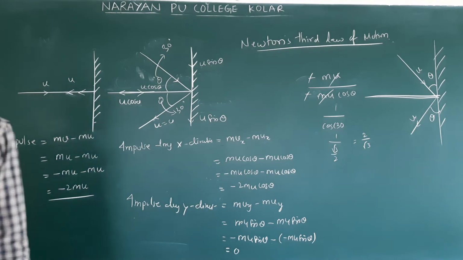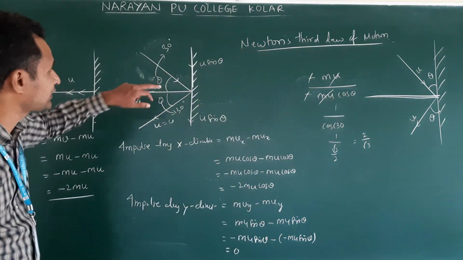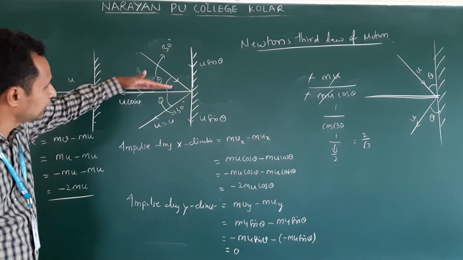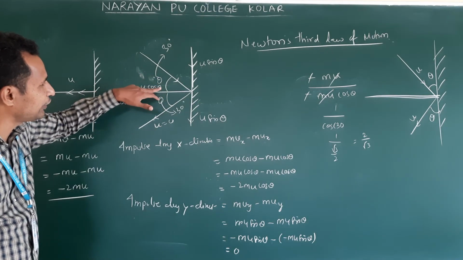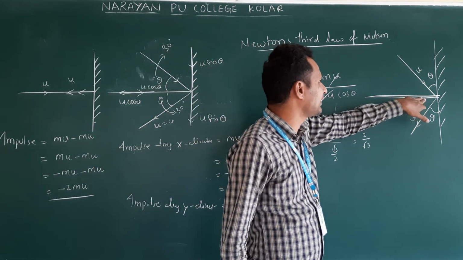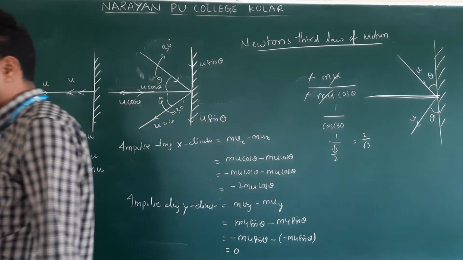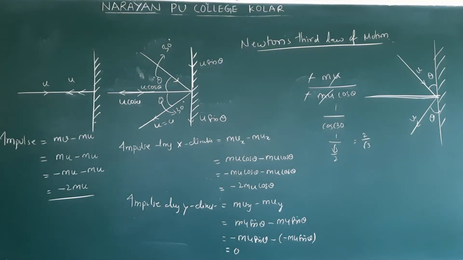I just changed theta. In this case, theta is an angle with the x-axis. Of course, here the velocity makes an angle theta with the ball. So you think and give the answer. I will see your answer, and after that I will explain.